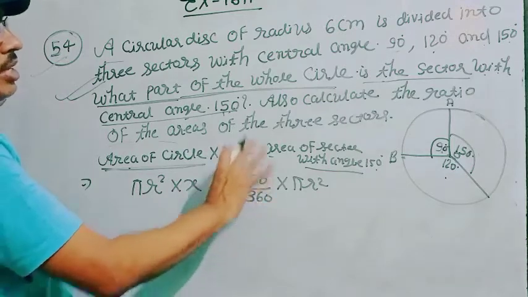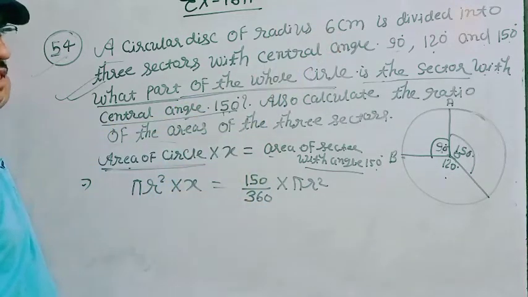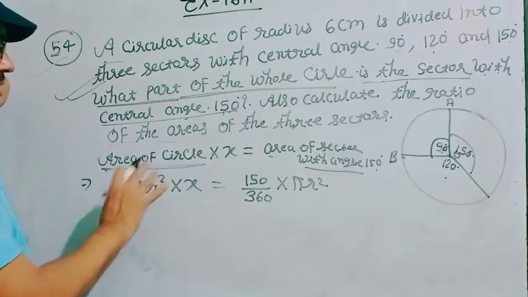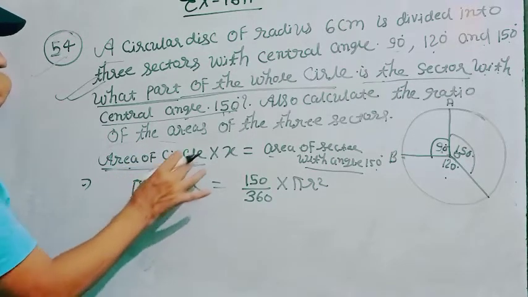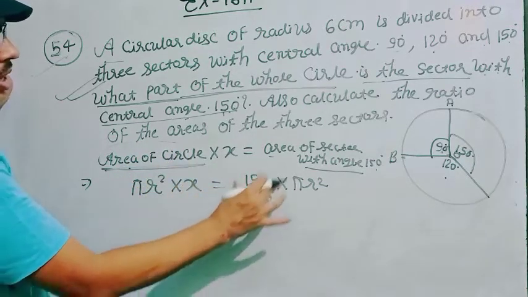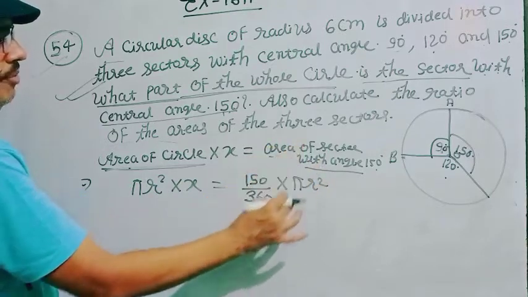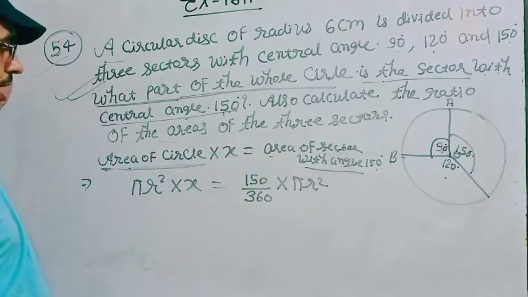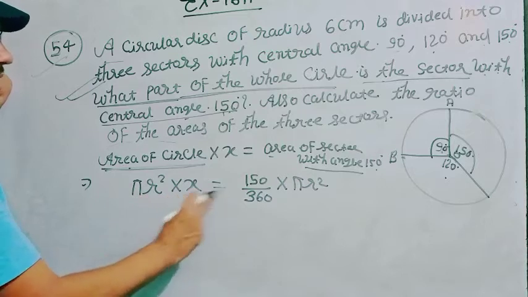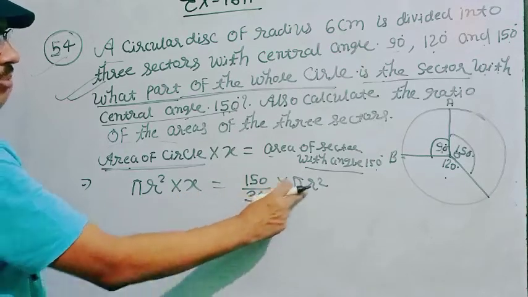So there is no need to write the value of 6 cm in the question. This is pi r square into x and this is theta by 360 pi r square.